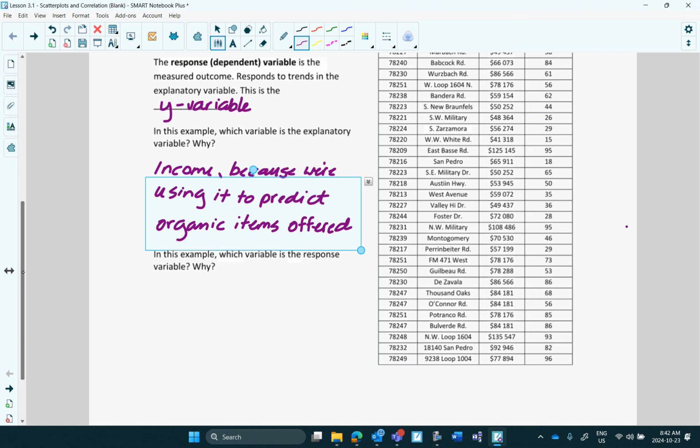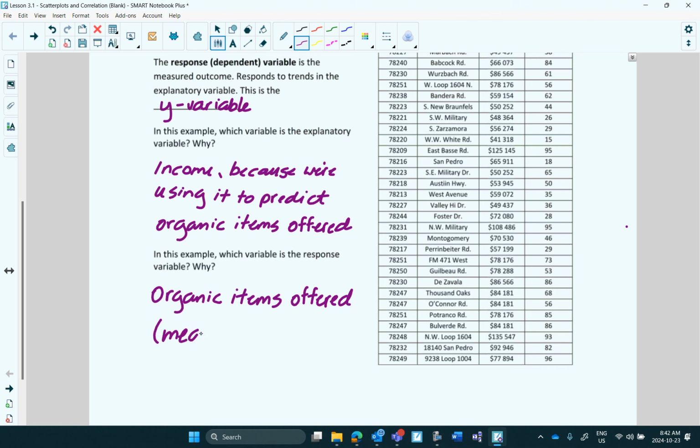Which means that the other variable, the organic items offered, must be the response. Okay? So this is the organic items offered, because that's the measured outcome.